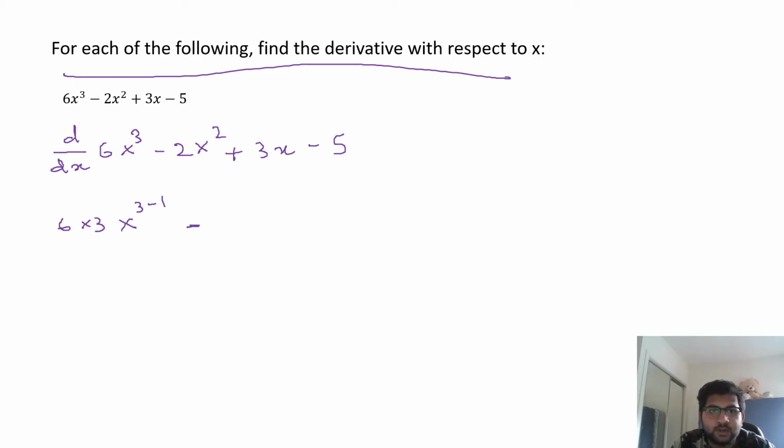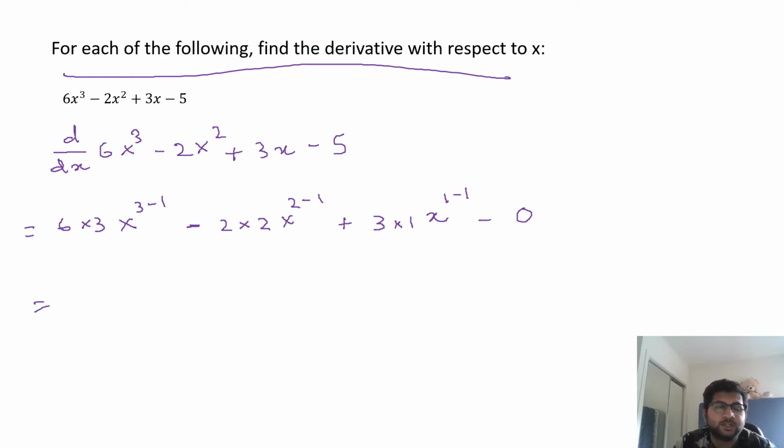The second one is 2 times 2x to the power 2 minus 1, plus 3 times x to the power 1, so you take the 1, and x becomes x to the power 1 minus 1, which is x to the power 0. And the differentiation of a constant is 0 every time.